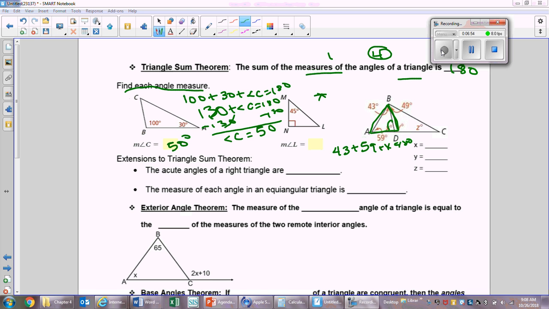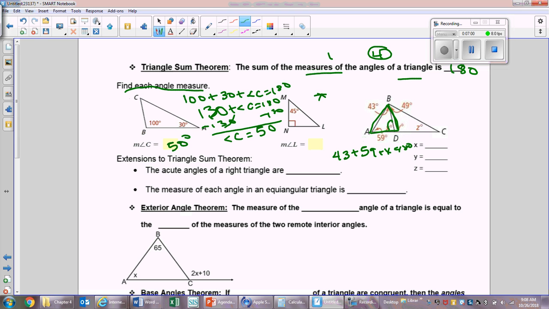So I can say, okay, 43 plus 59 plus x equals 180. Alright, so when you add 43 plus 59, you'll get 102, right? This would give you 102 plus x equals 180.